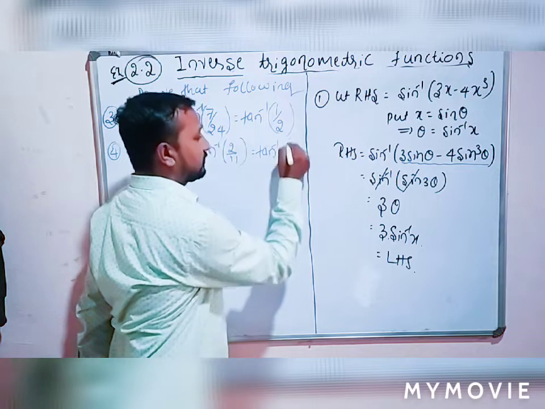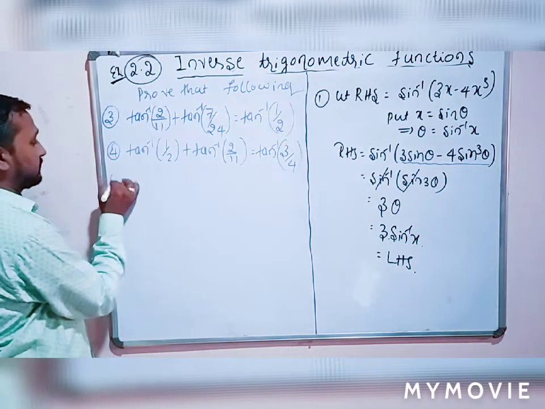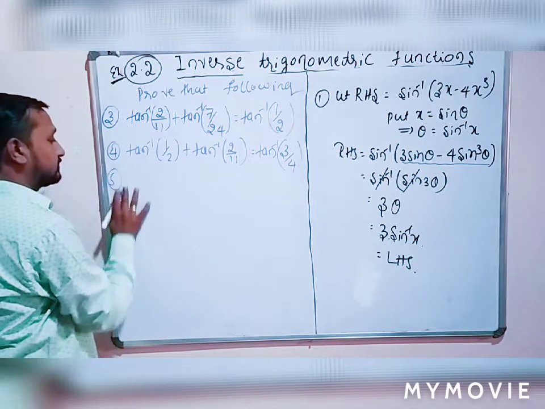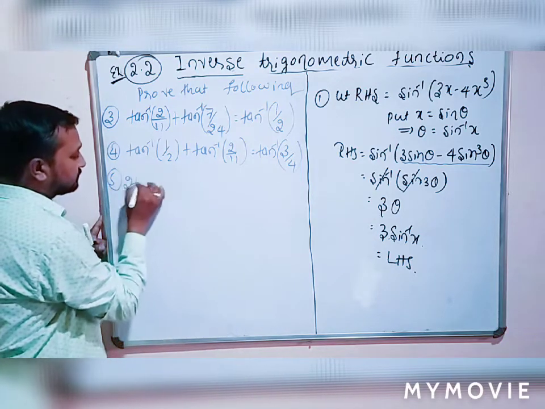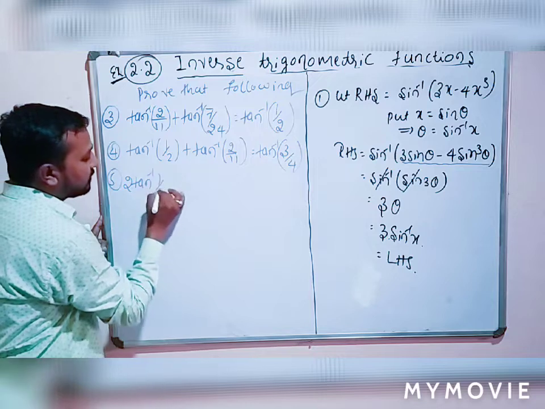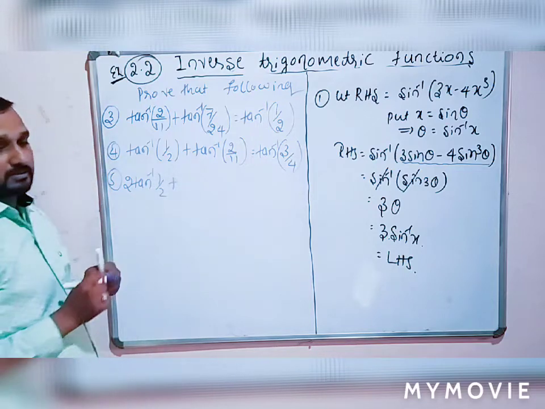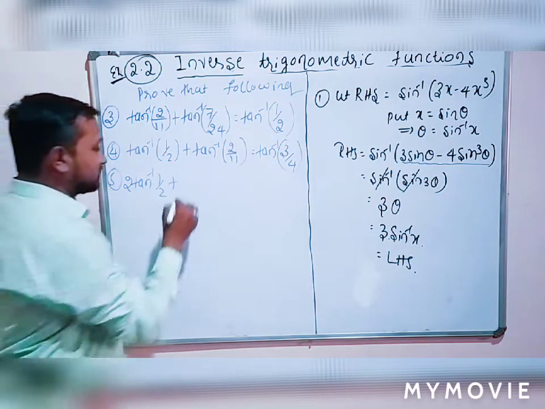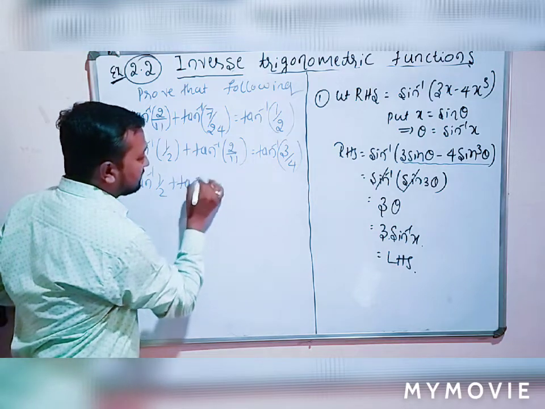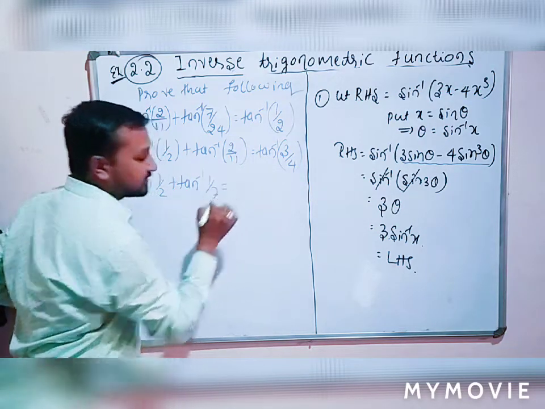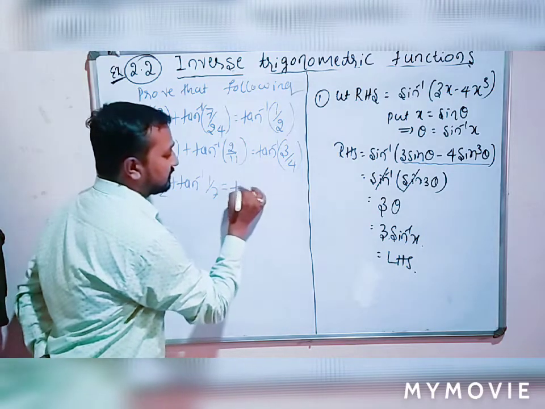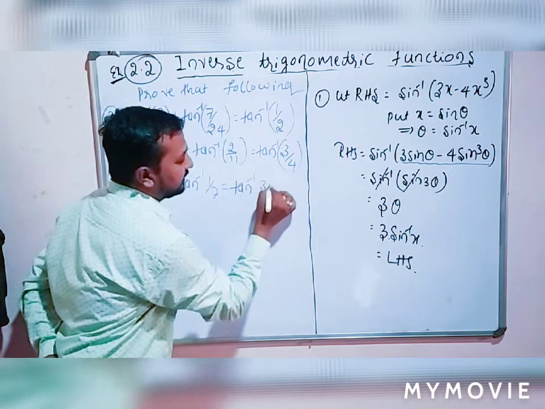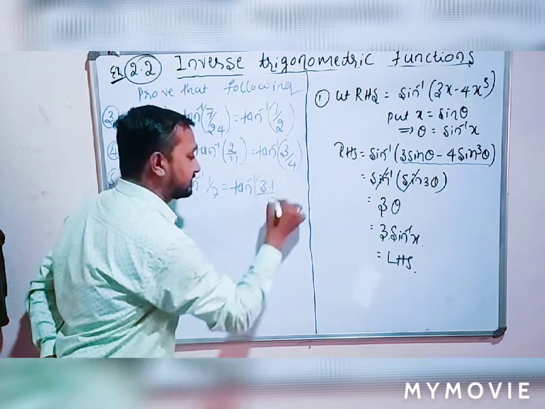Then the fifth example: 2 tan inverse of 1 by 2 plus tan inverse of 1 divided by 7 is equal to tan inverse of 31 divided by 17.